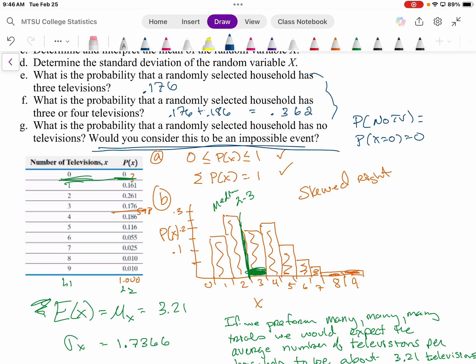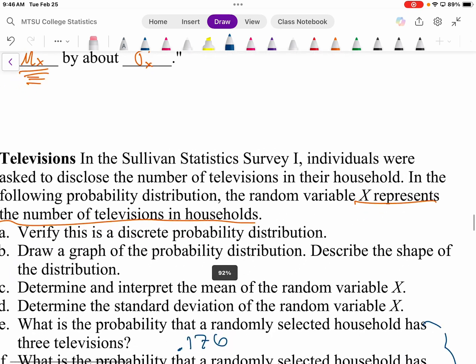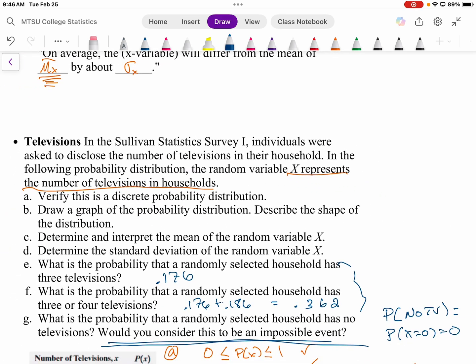Is that impossible? Did they say how many households they did? They didn't tell us how many households. Okay, so is it impossible? No, it's not impossible. I do see some of these questions where they'll say, is it an unusual event? And usually anything less than 5% is considered unusual.